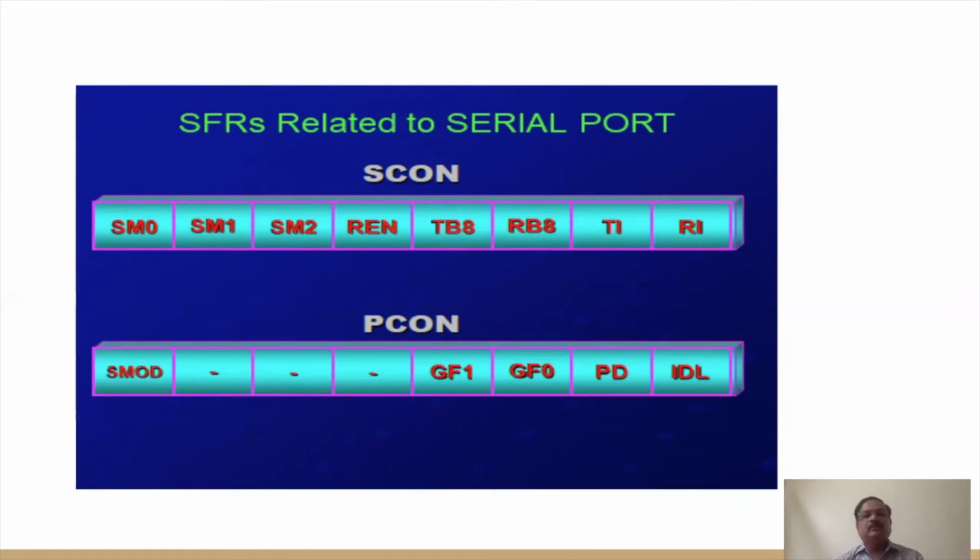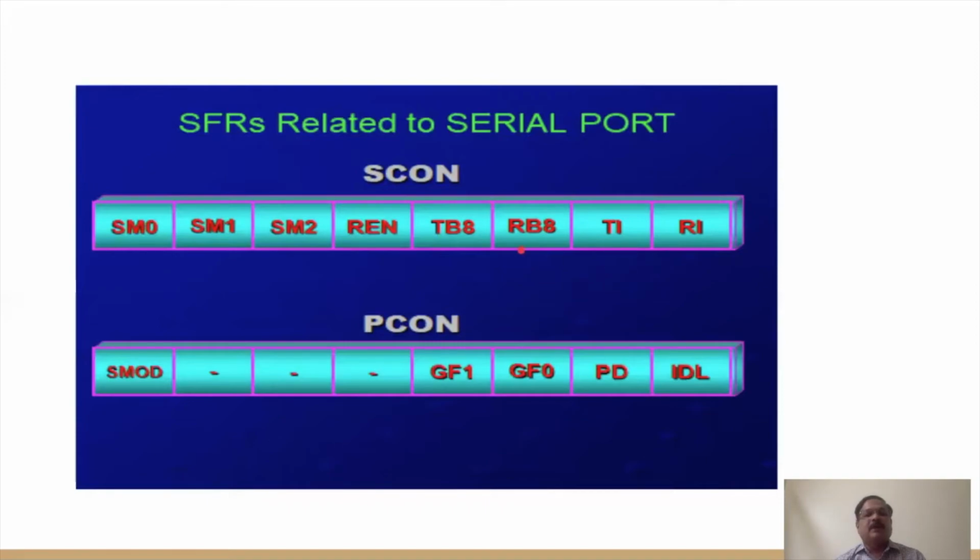SCON is mainly the serial control register. Here you can see the bit format for that. Now RI indicates receive interrupt and TI indicates transmit interrupt, the 2 bits for setting the interrupt during reception and transmission.